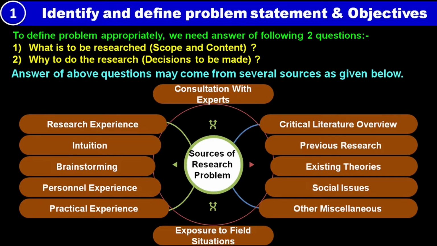Exposure to field situations, critical literature review, extensive literature review, previous research studies, existing theories related to that problem, social issues related to that problem, and other miscellaneous factors. So these are the different sources from which the answers to the above two questions can be taken.